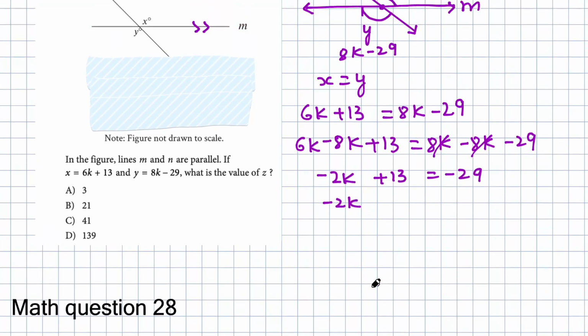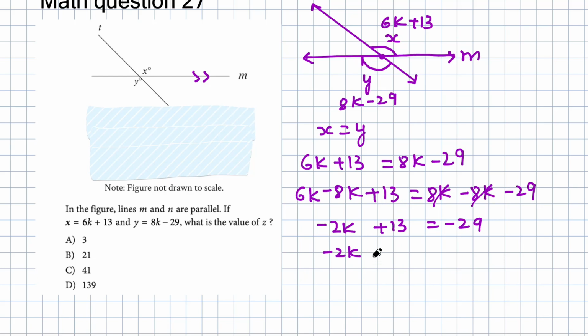Minus 2k plus 13 minus 13 is equal to minus 29 minus 13. This is cancelled. Minus 2k is equal to minus 29 minus 13, so that is minus 42. Now divide by negative 2 on both sides. So k is equal to 21.